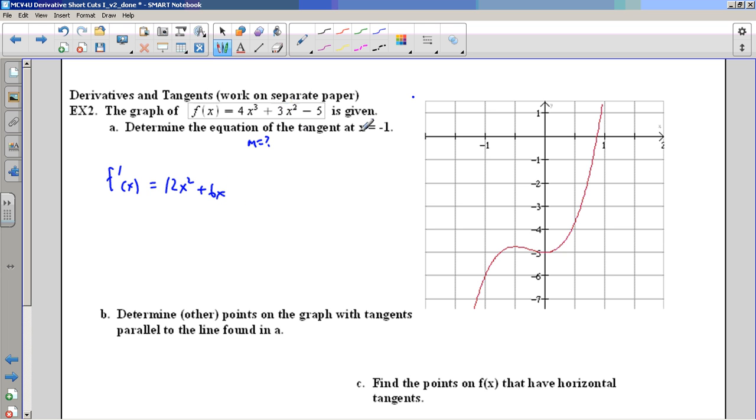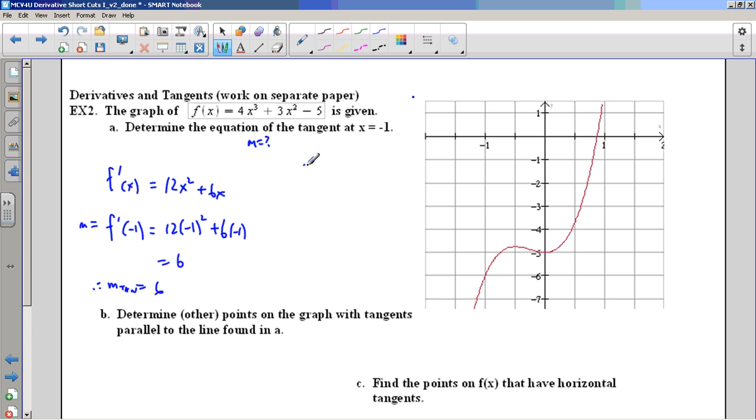So if I wanted to find the slope at that point, the slope is f prime at minus 1. I substitute in minus 1 there, and I get 12 minus 6 is 6. Make sure I've done the arithmetic right. So the slope of the tangent is 6.